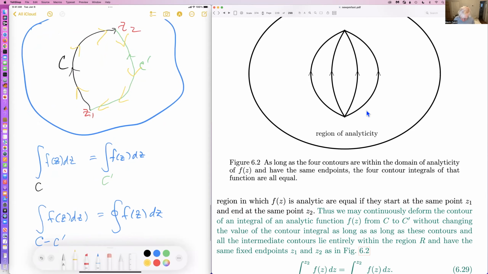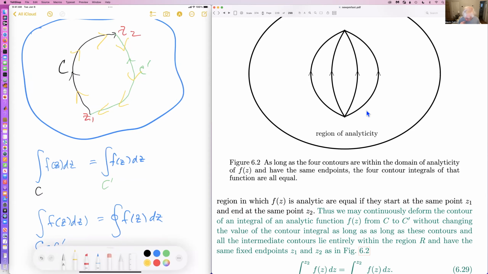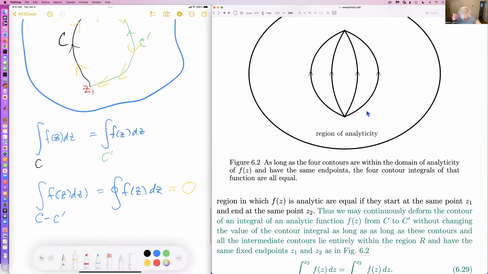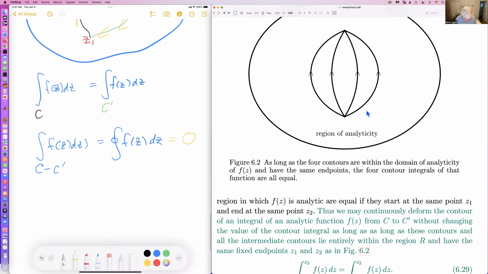That's a closed integral. That's a loop integral in the domain of analyticity, and so that is going to vanish. And what does that mean? Well, this thing here is equal to the contour integral of f of z.